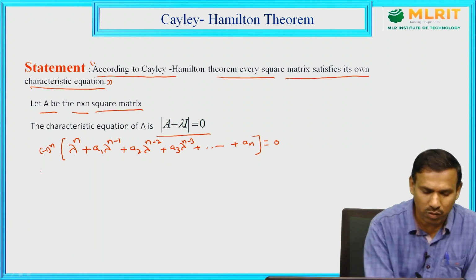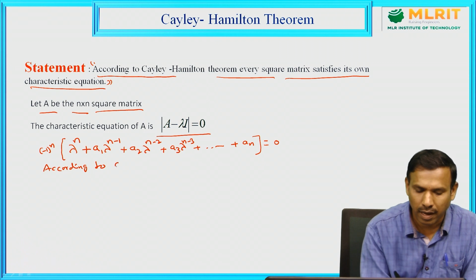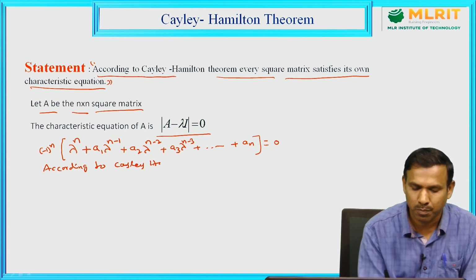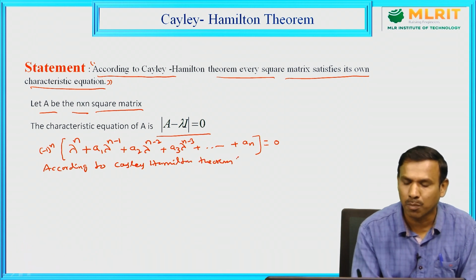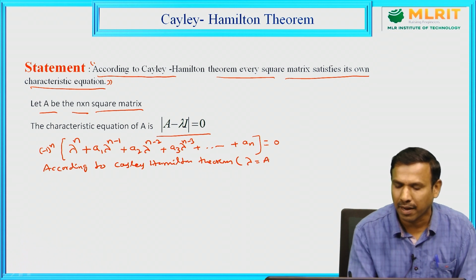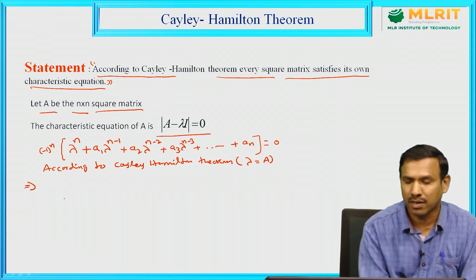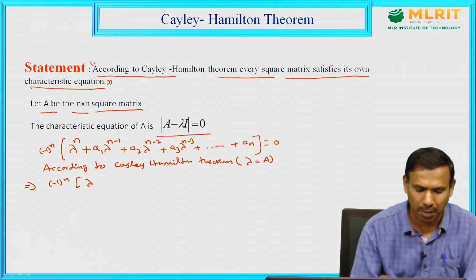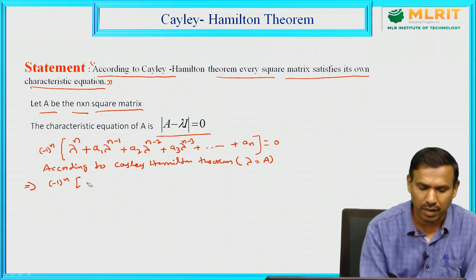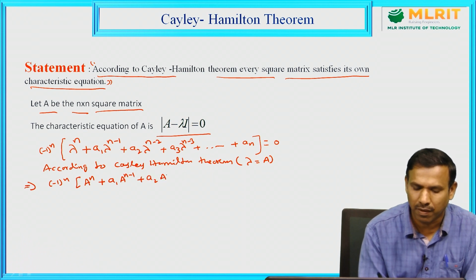According to the Cayley-Hamilton theorem, the square matrix A will satisfy the above equation, nothing but lambda replaced by A. Briefly, satisfying means we replace lambda with A: minus 1 whole power n into lambda power n, where lambda is replaced by A, gives A power n, plus a1 into A power n minus 1, plus a2 into A power n minus 2, plus a3 into A power n minus 3, and so on.